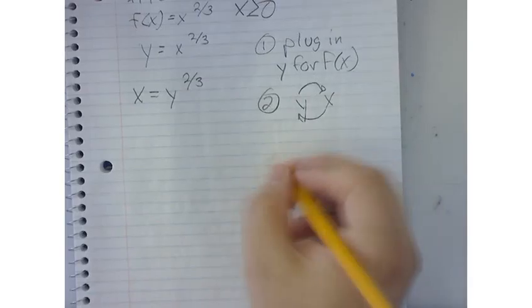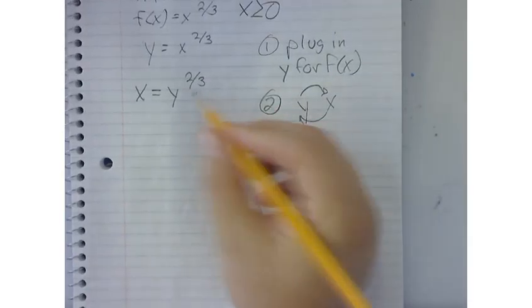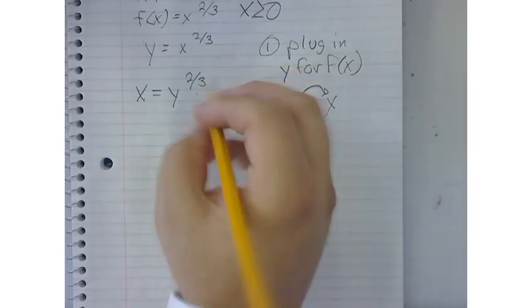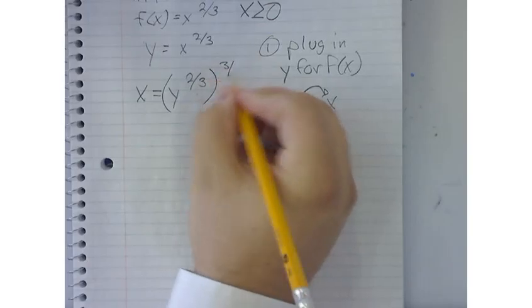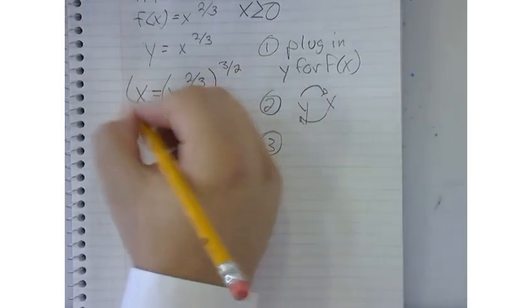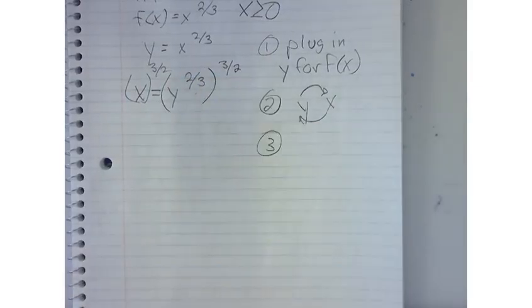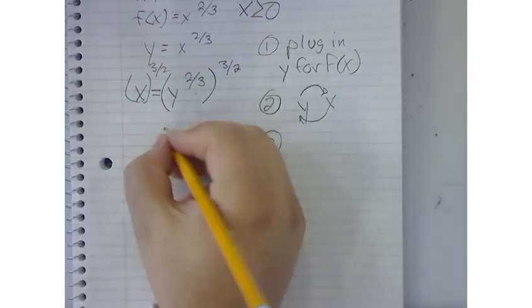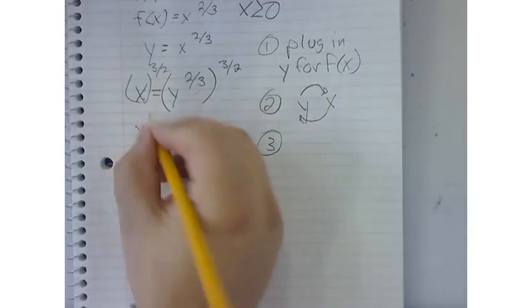So now for step 3, I want to make this look like y equals something. So watch this. Are you guys ready? Put on your thinking caps. If I raise this to the 3/2 and I do the same on the other side, what is 2/3 times 3/2? 1. Y to the 1. And then this is x to the 3/2.